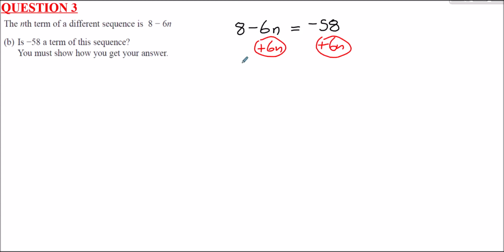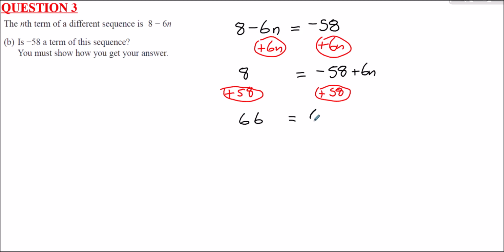We'd then have 8 equals minus 58 plus 6n, which we've just added. If we then add 58 to both sides to isolate the 6n on its own, then we'd get that 8 plus 58, which is 66, equals 6n.